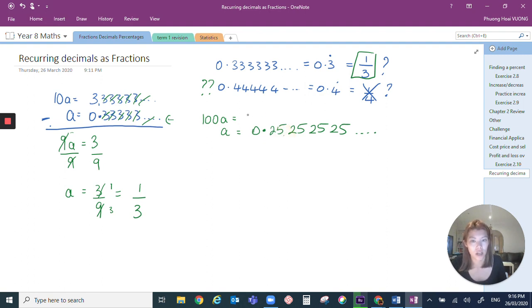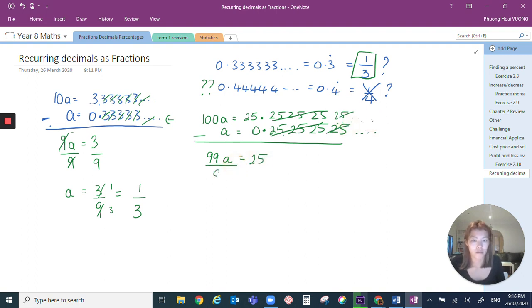25.252525 forever. So when we subtract this time, 100a minus a, 100 minus 1 is 99a. 25.252525 minus this is 0. There's another 25 forever. And 25 minus 0 is 25.